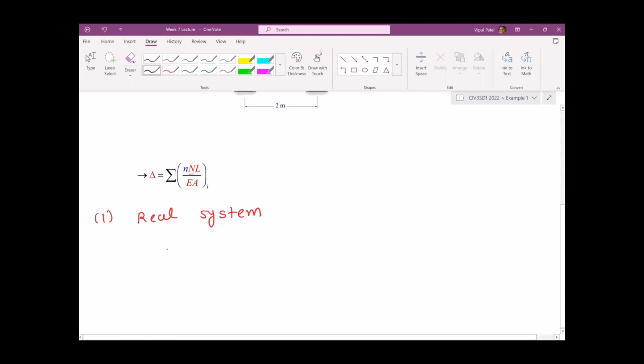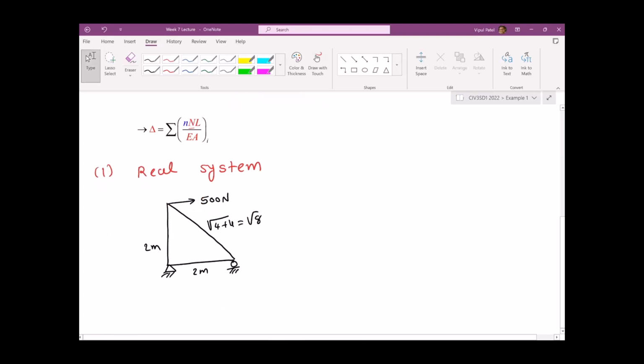The real system looks like this: a pin support here, roller support here, and 500 newtons here. And we have 2 meters, square root of 4 plus 4, which is equal to square root of 8.